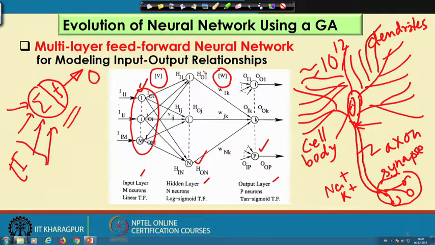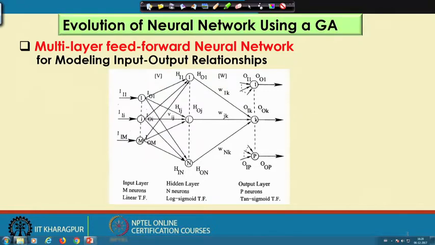For example, we use the hard limit transfer function. Let me see the principle of this hard limit transfer function. Supposing this is the input and the output is denoted by y.